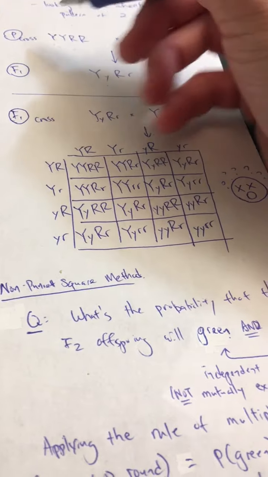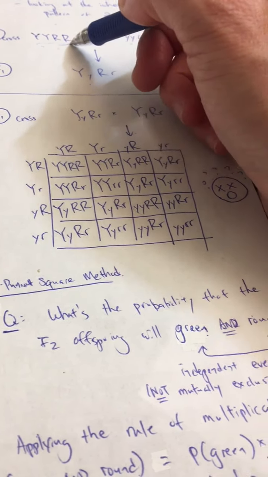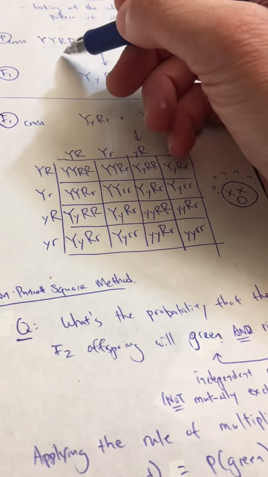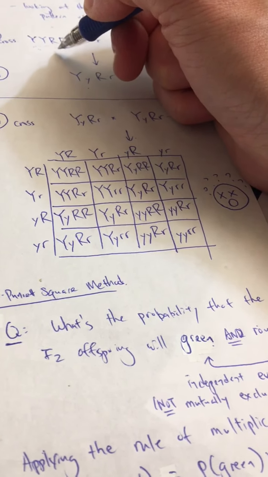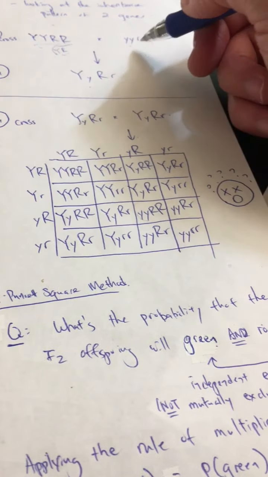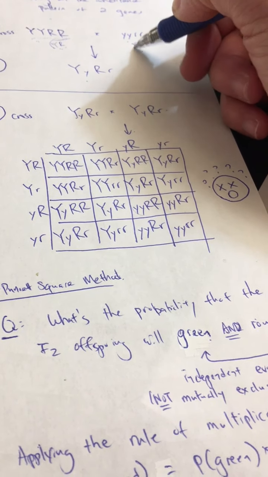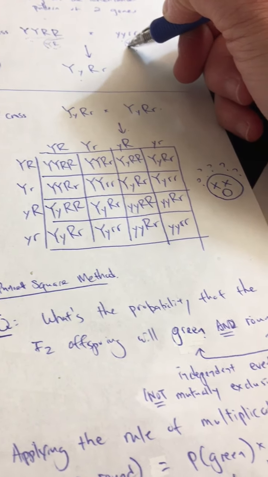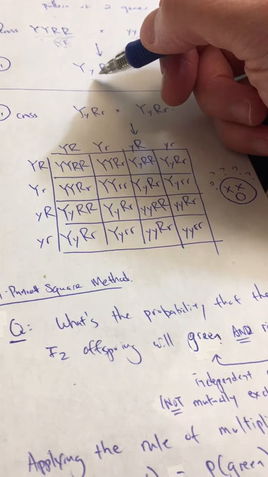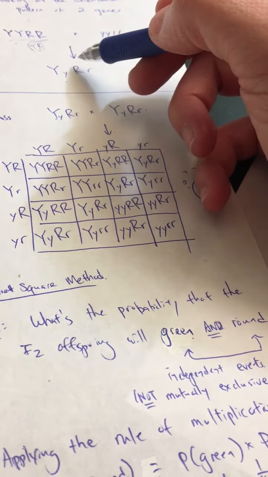That means one of these two is going to be chosen, and one of these two is going to be chosen. So the only possible gamete that this parent can generate is big Y, big R, whereas the only possible gamete that this parent can generate is small y, small r. Given that, the only possible genotype that F1 generation can be is big Y, small y, big R, small r.